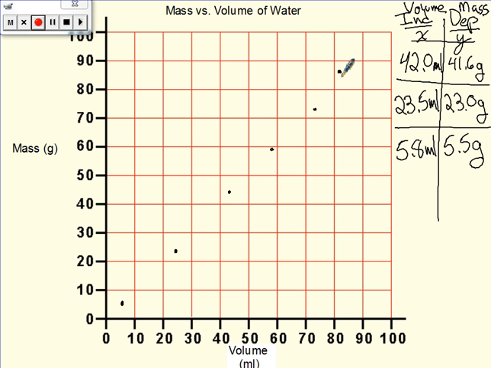So for that reason, we would like to find out exactly what that relationship is by finding the slope of a line that we can draw from these points. But the line that we draw is not going to necessarily go through any of the points, let alone all of them. So we're going to be doing what's called a best fit line.